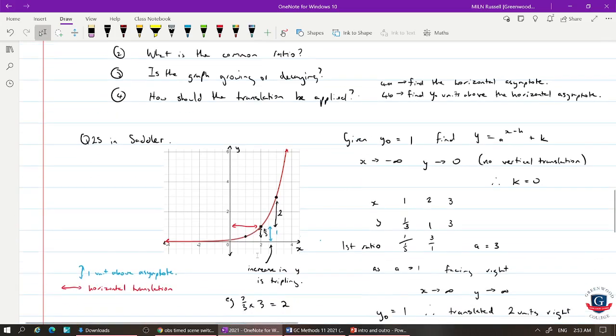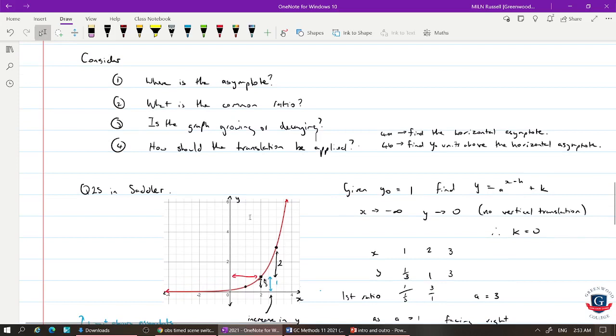So in this case, using our 4 ideas, it's growing, so we know the value of a is going to be greater than 1. Where's the asymptote? Well, it's at 0, so there's no vertical translation, which is great. Now we're trying to find the common ratio.